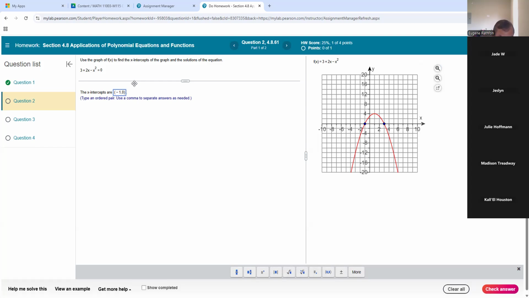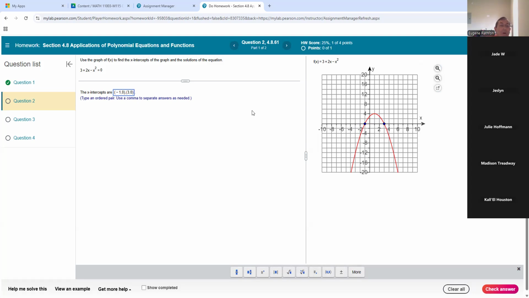Whoops, let me go back and make that a comma. And then open up my parentheses again. And then the second one over here to the right, that's crossing at 3. So that one would be (3, 0), and then close your parentheses.